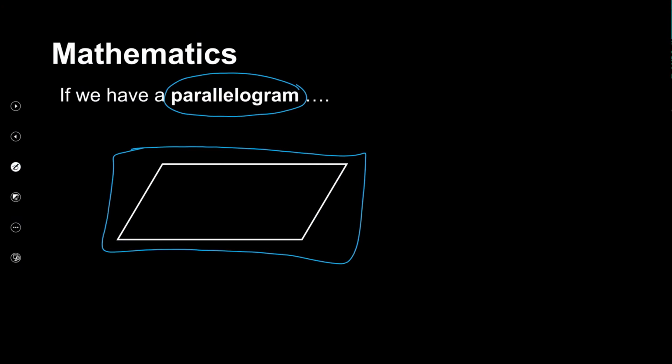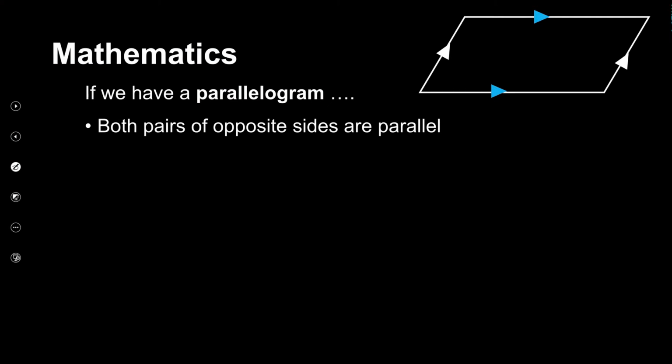So with a parallelogram, what we know is that both pairs of opposite sides are parallel, right? Both pairs. Now, I used different colors here to show you this. So this is blue, and this is white and white.